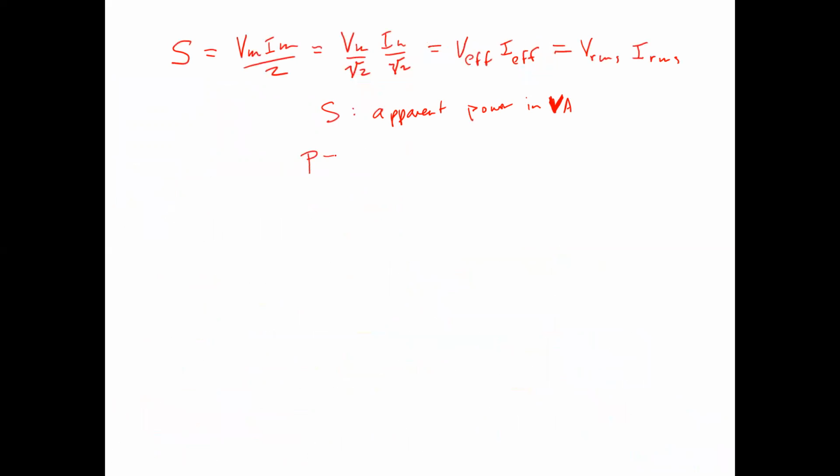If P equals S cosine theta, and the units of P are, of course, watts, and Q equals S sine theta, and the units of Q are in vars, which stands for, anybody remember? You got it in your notes? Volt, amp, reactive. So it's talking about reactive power, stuff that we're not really able to make use of. And we can form a power triangle with these notions.